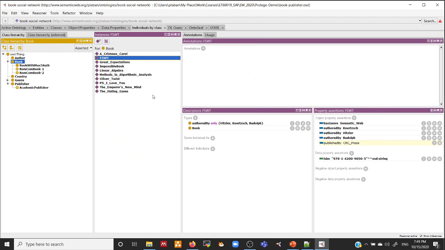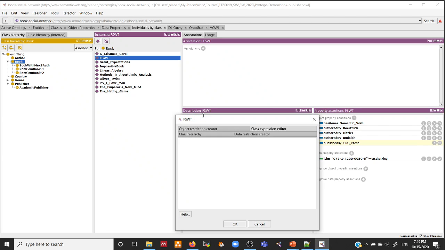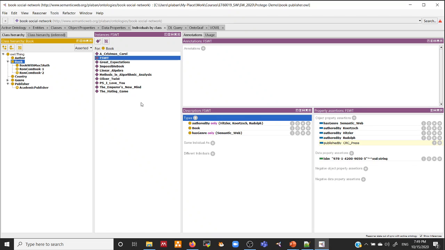So let us restrict the genre of this particular book. So we say has genre to be only semantic web, right? Or we can do the other way. We can just say, okay, the individual semantic web, right?